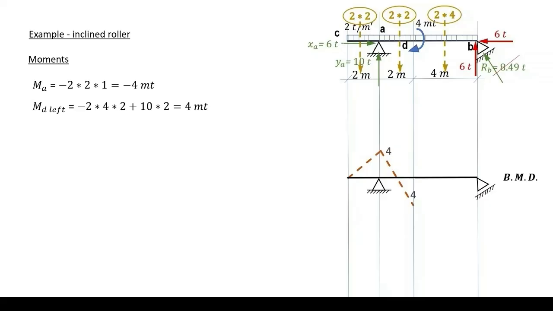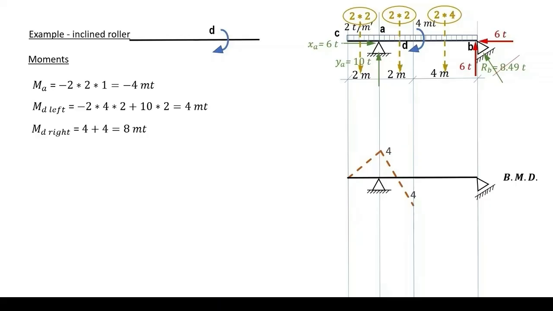To compute MD right, we simply add the effect of the 4 meter ton concentrated moment applied at D. For a better explanation, we have our D here with the applied 4 meter tons.